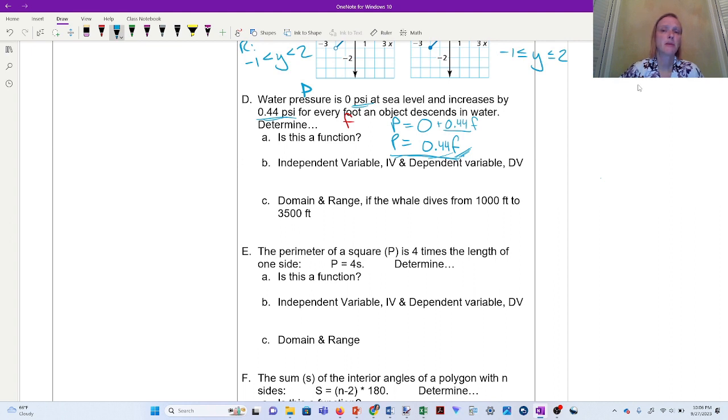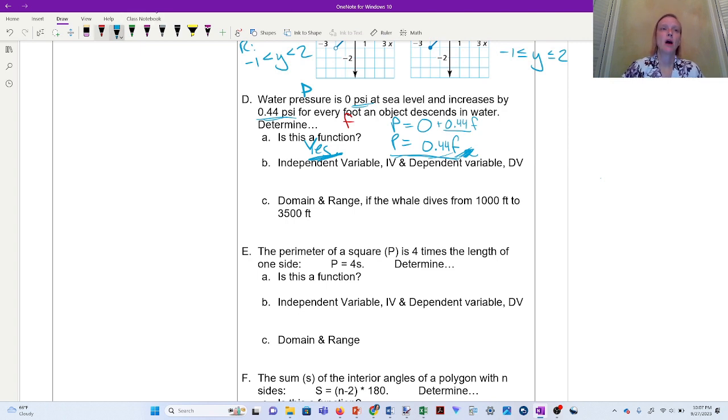Anytime I put a number in for F, there's no alternate choice for pressure. There's only one possible pressure. There isn't some way we could do the calculation differently, 0.44 times F, and get a different value. So this is a function because there's only one P for any F value we plug into the equation.